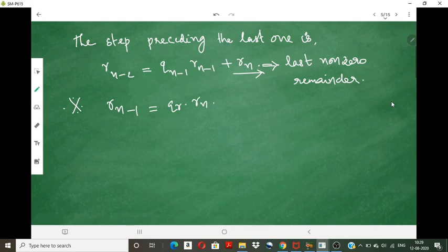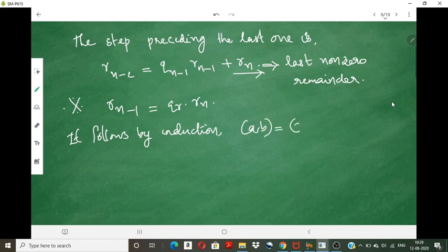Now it follows by induction that we have GCD of A, B is the same as GCD of A comma R naught, that is B means A comma R naught.